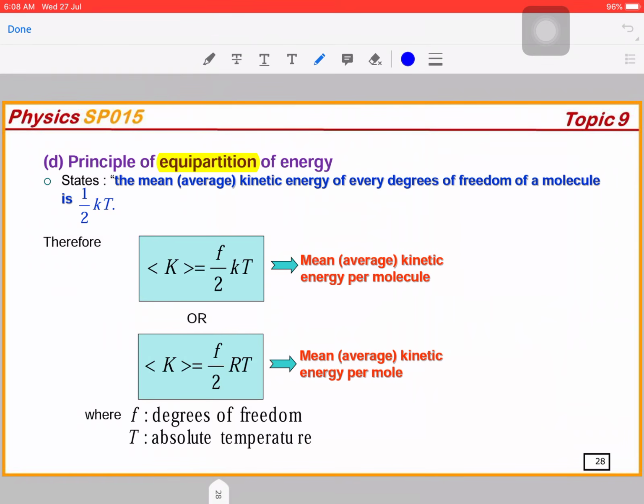So K, the mean average kinetic energy per molecule, is equal to f/2 kT. Or you can also use f/2 RT, depending on the information given in your question, whether they give you k or R.